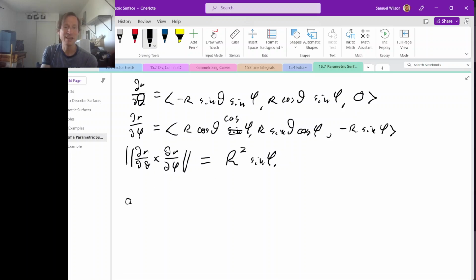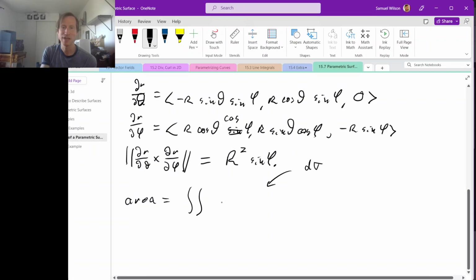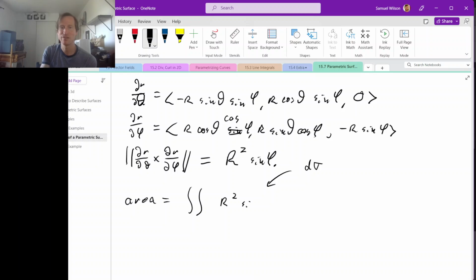So now let's calculate the area of the sphere by integrating this thing. What we're going to integrate is d sigma, so that's this magnitude, r squared sine phi, d theta d phi.